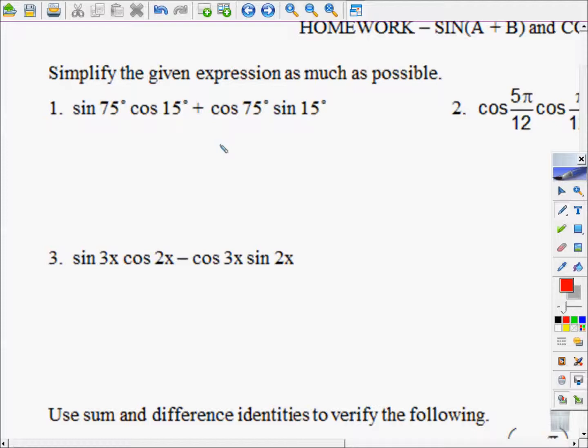Why are you rewriting it? Oh yeah, we don't have to rewrite it. We just said A is 75, B is 15. It's already up there. You said my rule was sine of A plus B. So plug in and simplify.